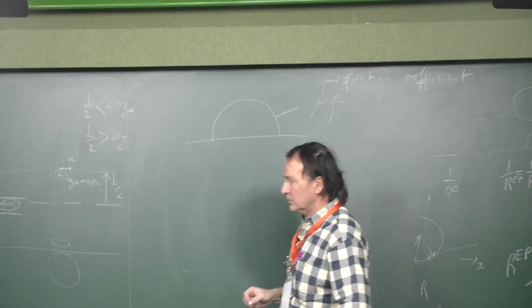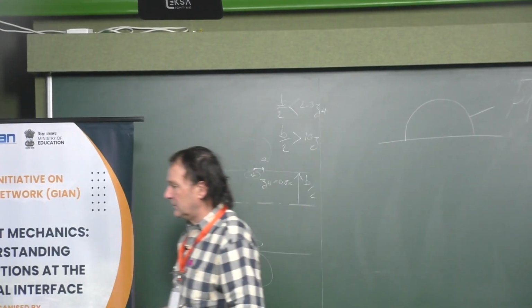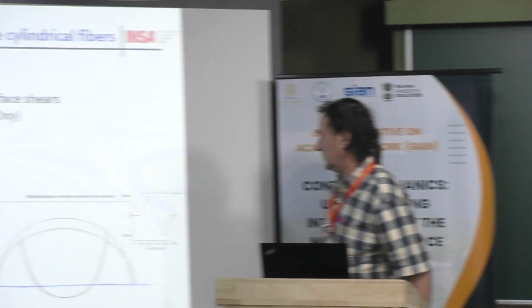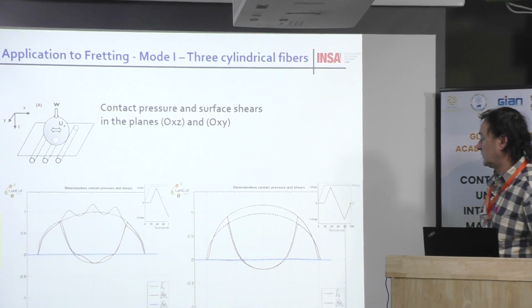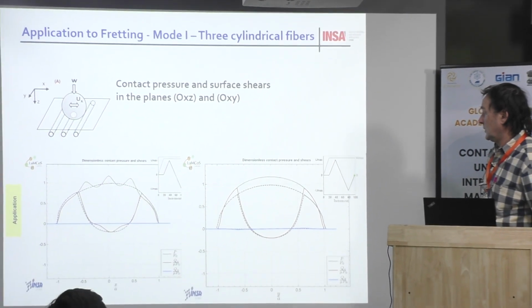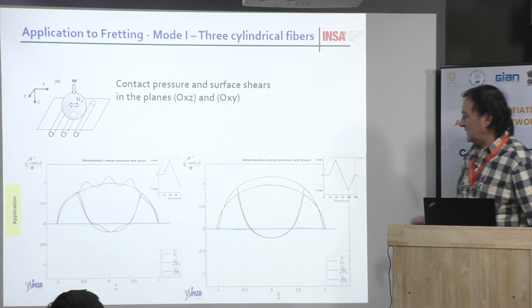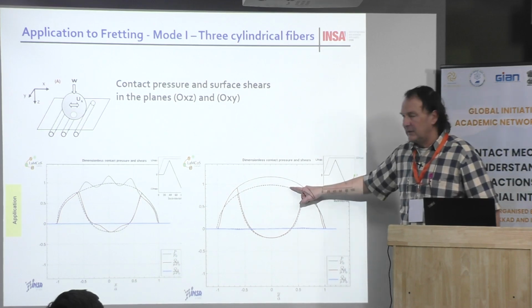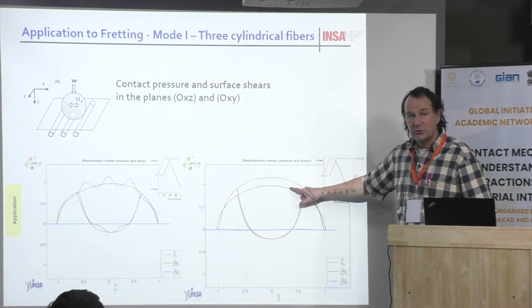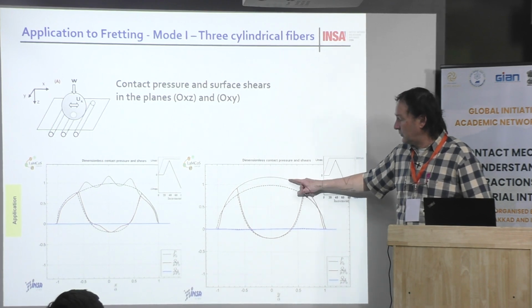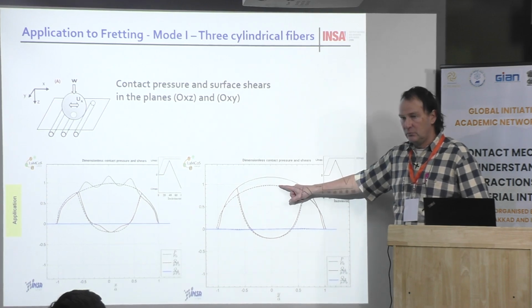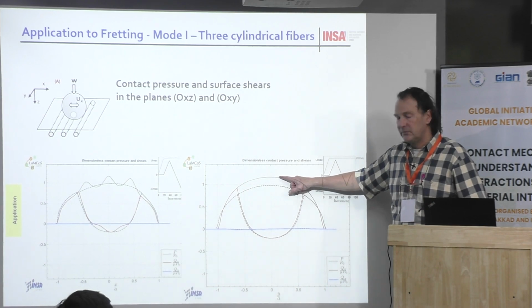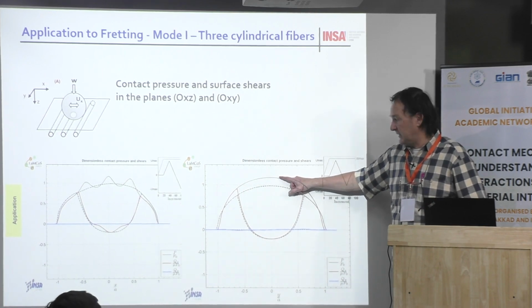And for example, for Q, typically, yes, in fact, also, the dot line corresponds to the smooth solution, and the full line corresponds to the composite solution. Okay, this is the Hertzian solution for homogeneous body, and this is the solution for the composite material.